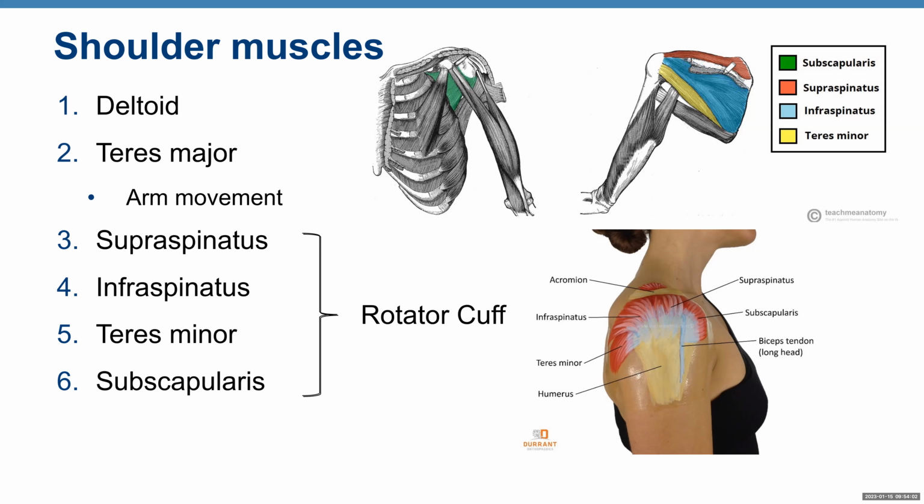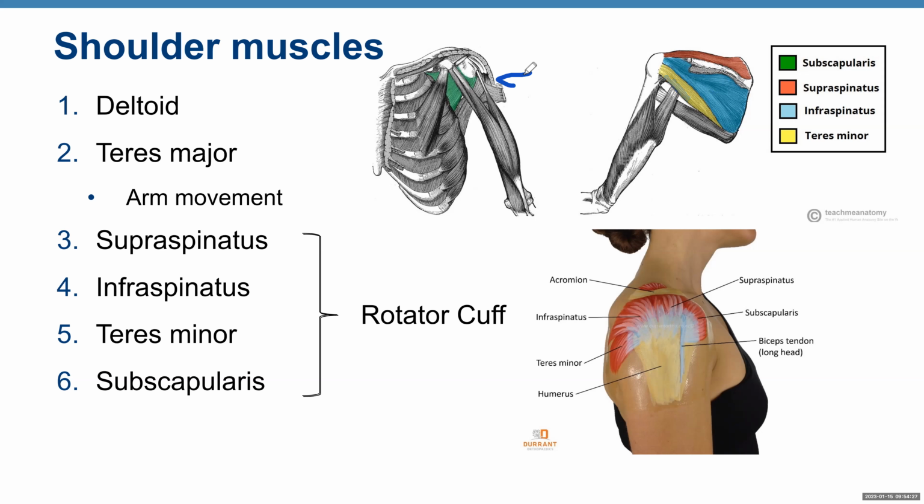When you palpate your scapula right now, you're touching this spine of the scapula. Now, above this spine, you have supraspinatus. Supra means above the spine. Below the spine, shown here in blue, infraspinatus, and inferior to infraspinatus, you have teres minor.